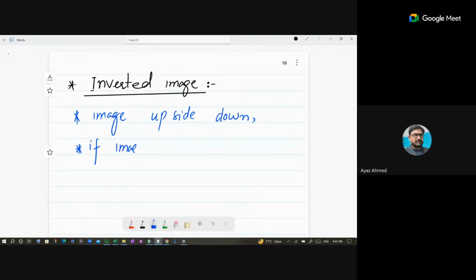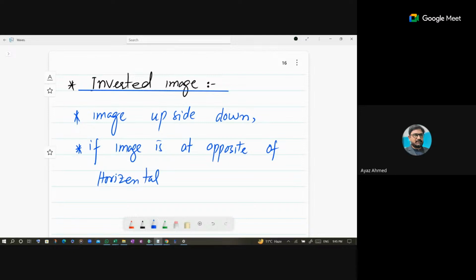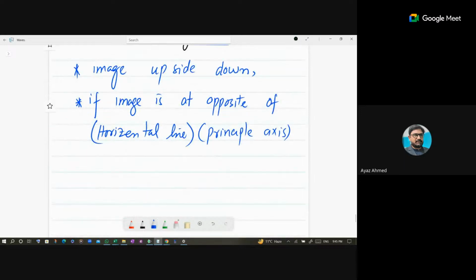The principal axis is a horizontal line, the x-axis. Then it is called an inverted image.